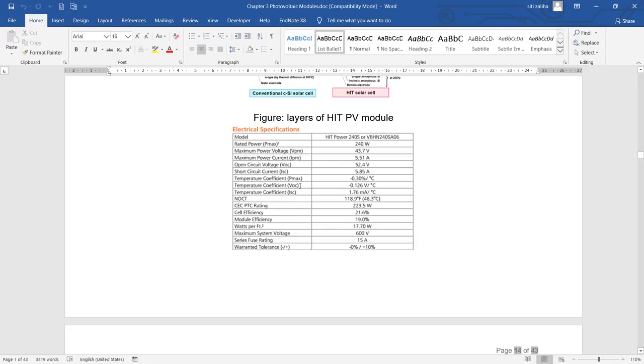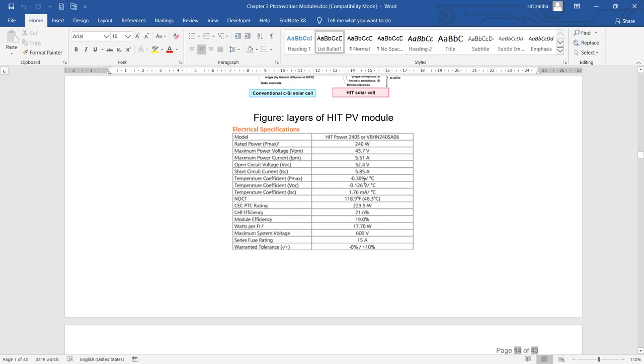Also for voltage, remember the graph: when the temperature increases, the voltage will reduce 0.126 volt every 1 degree Celsius. But different with current, when the temperature increases, there is no negative polarity, the current will increase 1.76 milliampere for every 1 degree Celsius increment.